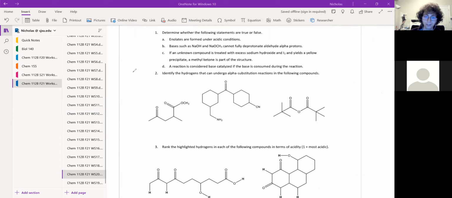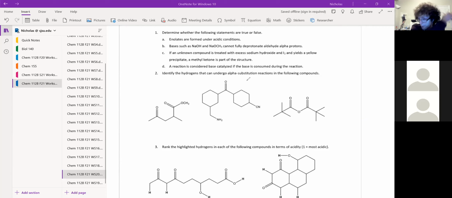This one is asking to identify the hydrogens that can undergo alpha substitution reactions. Can anybody tell me, as a general rule, what we're looking for? What hydrogens can do these reactions? Where do we find them? I don't remember exactly, but it's the hydrogen that's closest to the carbonyl, or on that alpha carbon.